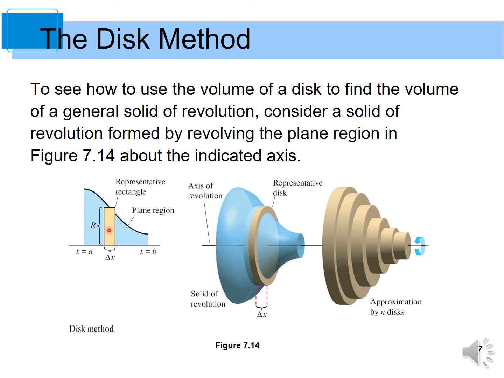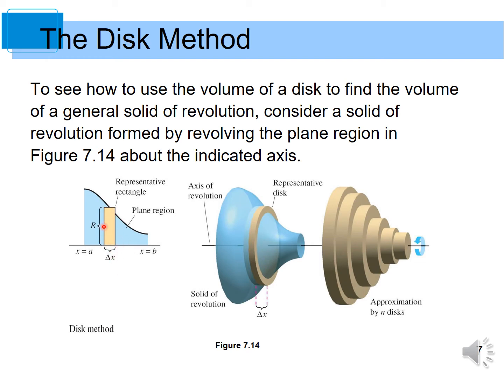If this plane region is revolved about this horizontal axis, the solid of revolution will be generated, so the vertical rectangle will be used.